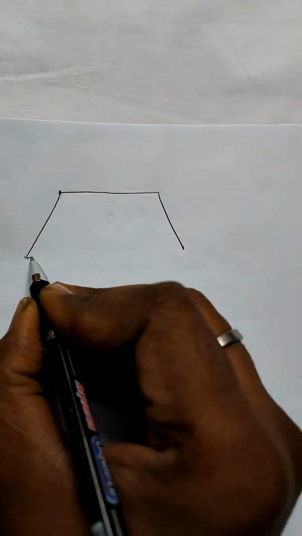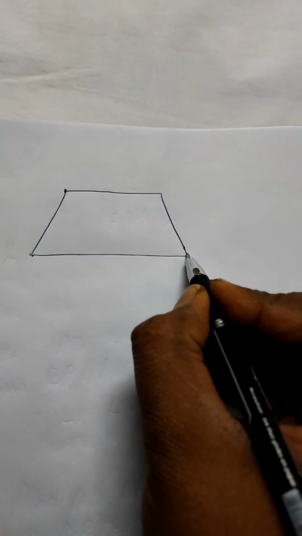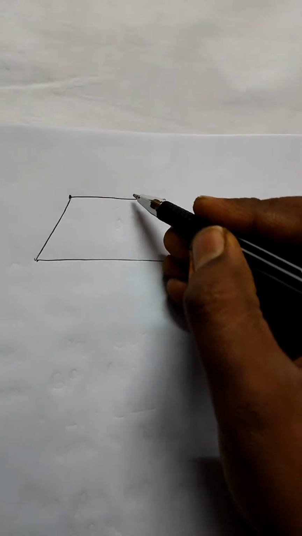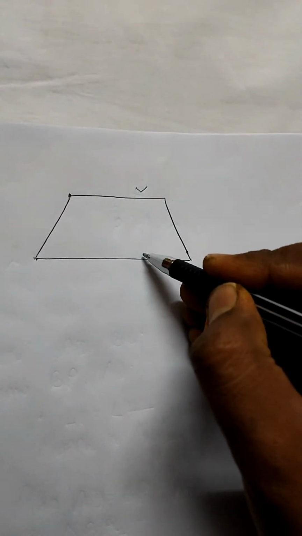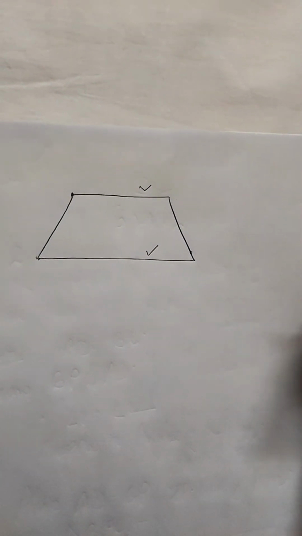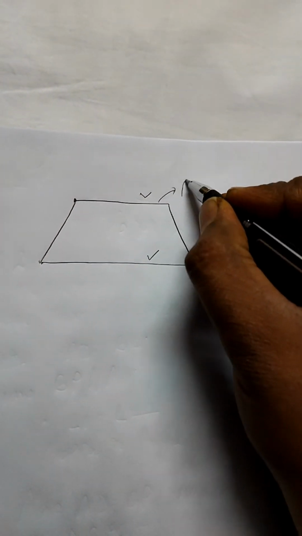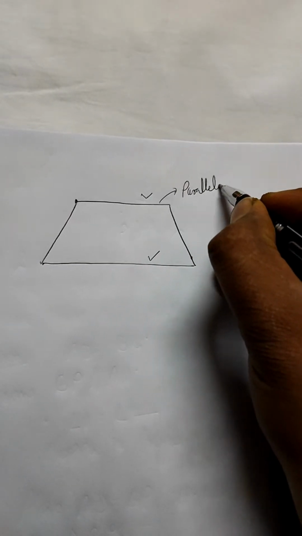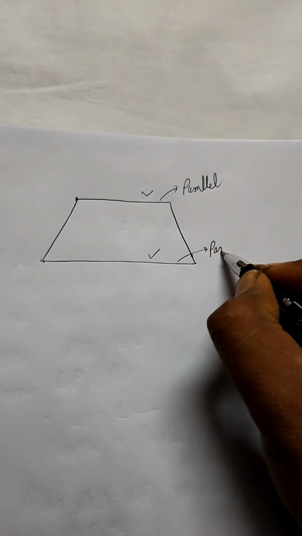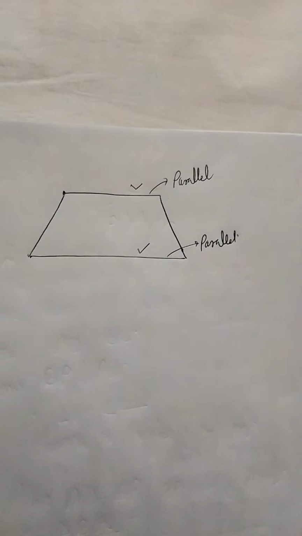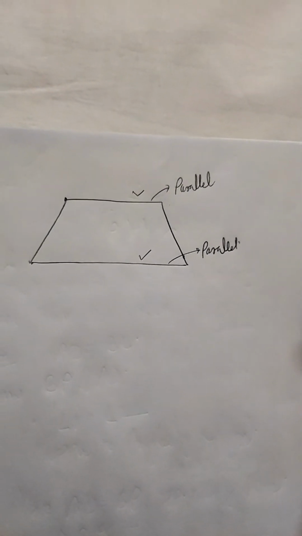In a trapezium, we know that there is a pair of sides which are parallel. So these are the pair of parallel sides. Then what are the non-parallel sides?